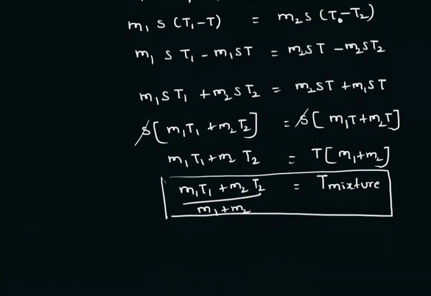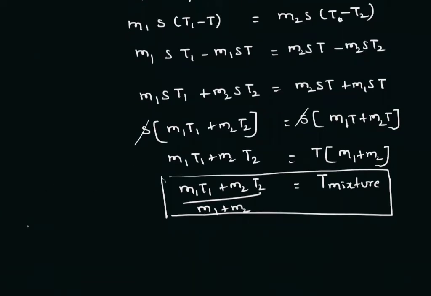Now, if you want to check it, you can solve that problem. What is the first case? M1 equals M2 equals 200 ml, right? So T1 equals T2 equals 30 degrees Celsius, case 1 or situation 1.